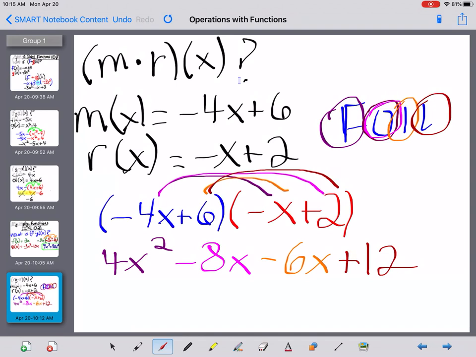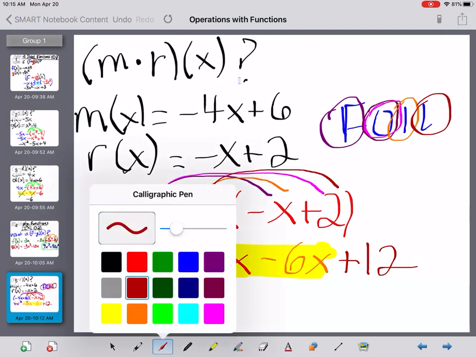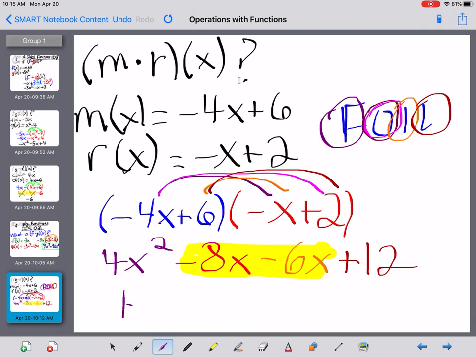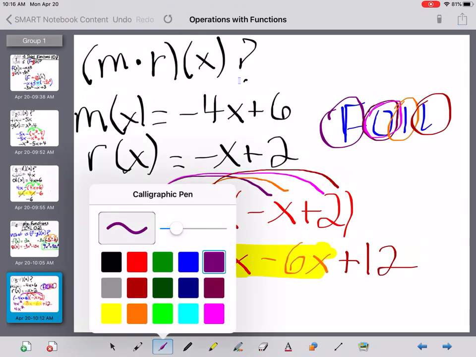We're not done though, because we do have 2 terms that can be combined. So we can combine these two because they're both x to the first power. Okay, so we combine our like terms. I can't really combine the 4x squared with anything, so I'm just going to leave it 4x squared.